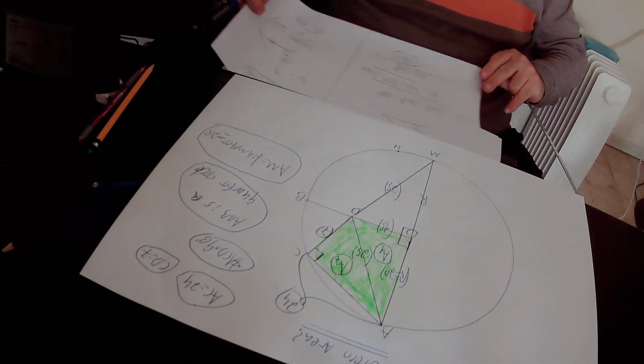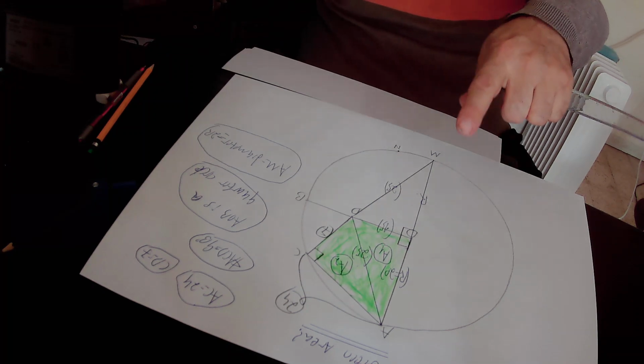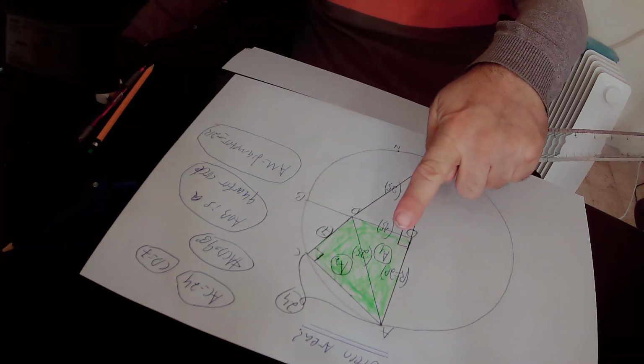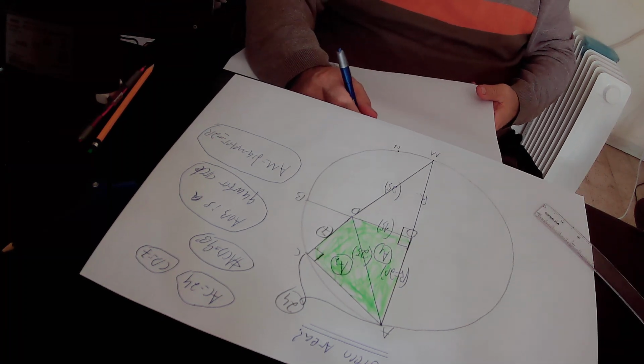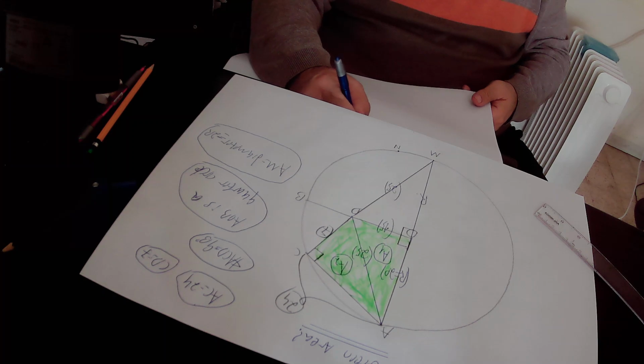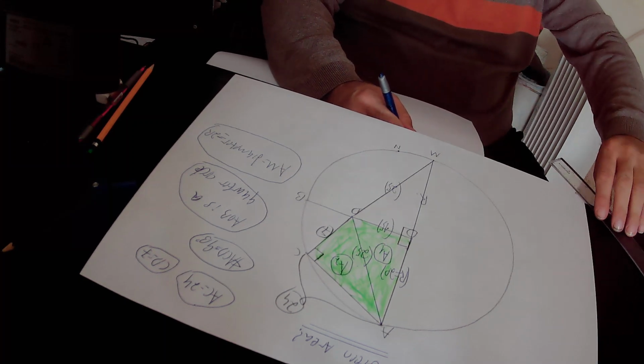In the next step, we find out the area of A2, that is the area of the green right triangle ACD. So I copy the green right triangle ACD onto a new page.